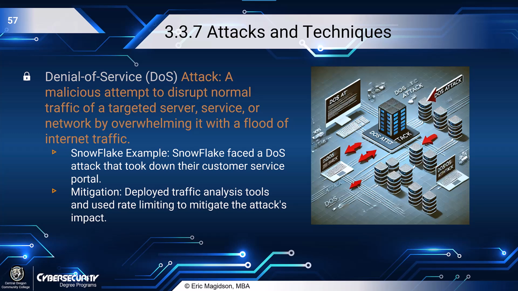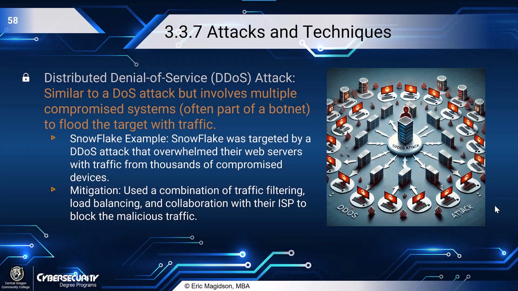So with a DoS attack, what I'm showing in this graphic is it tends to be a single node that is attacking the target. Okay, so that is a DoS attack. Now, typically what you see is distributed denial of service attacks, and we'll use this image a little bit here. So similar to a DoS attack, but it involves multiple compromised devices.